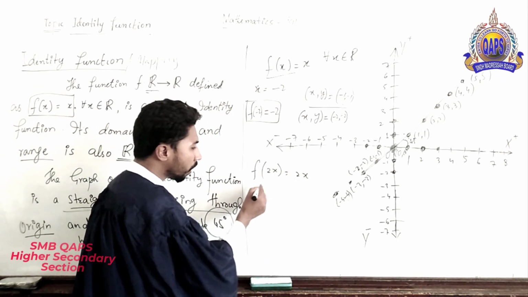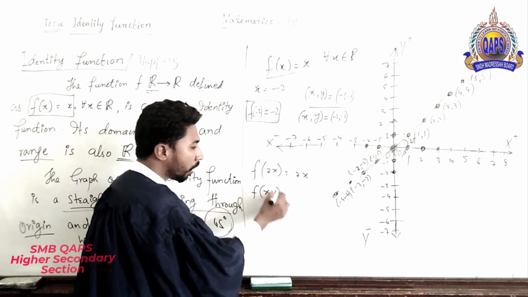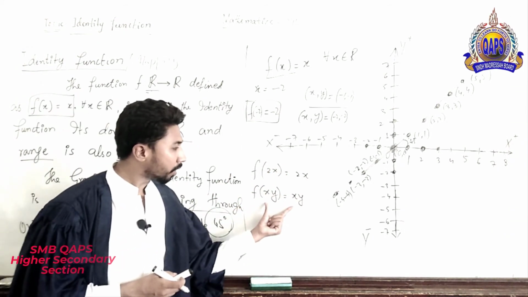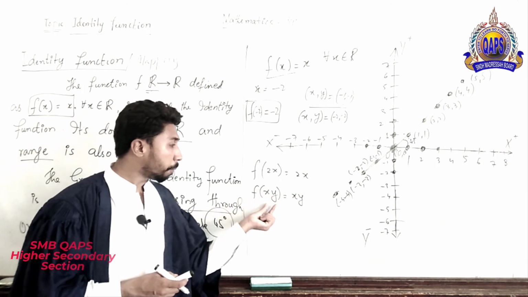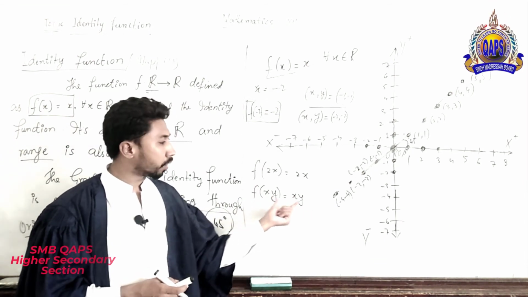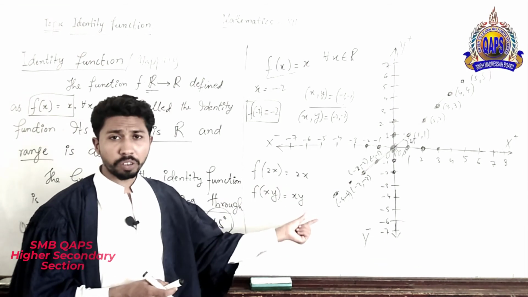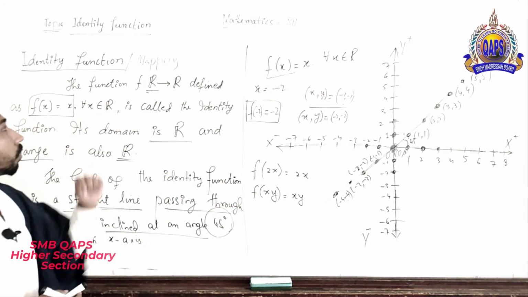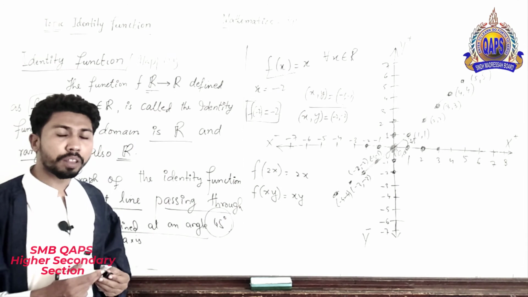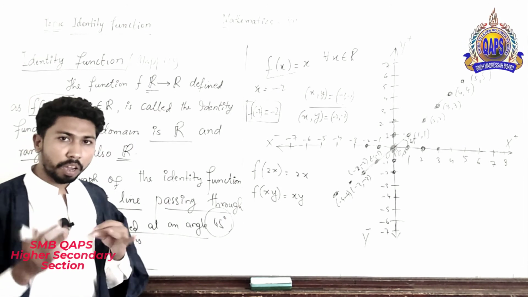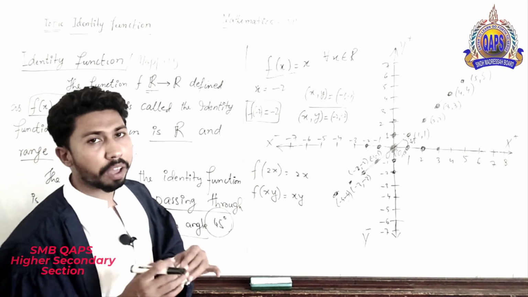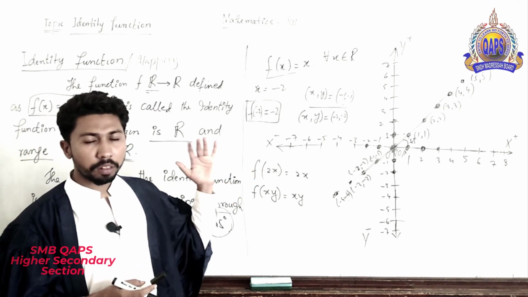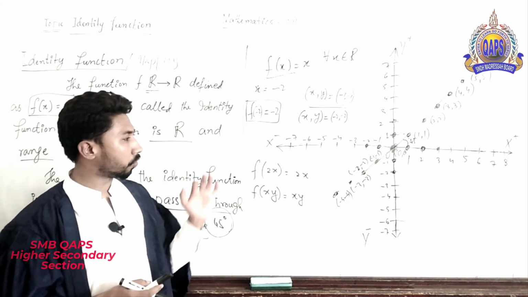If we put f of x comma y, then it must be x comma y. In this situation, we can say that this is the identity function because the independent variable and dependent variable are the same. The identity function represents the same values or same condition of input and outcome. So that's why we can say that this is the identity function.